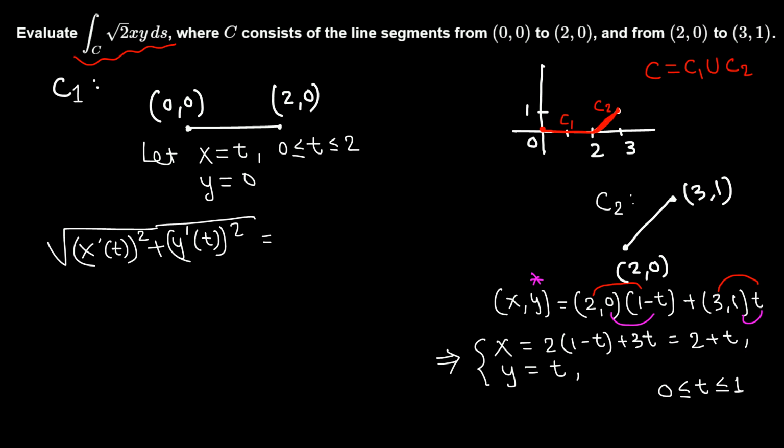The derivative of x, which is the derivative of t with respect to t, is 1. So this is 1 squared plus 0 squared, just 1, and the square root of 1 is 1.